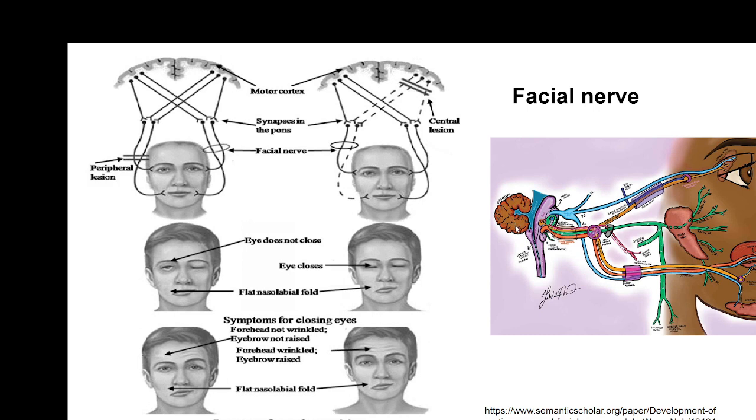More detail about the disease conditions which can produce upper motor and lower motor lesions, we will come to when we discuss the disease of facial palsy. But now it's only about locating the lesion.